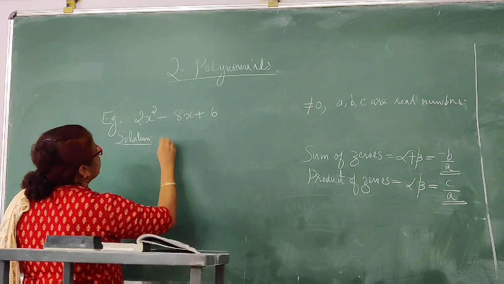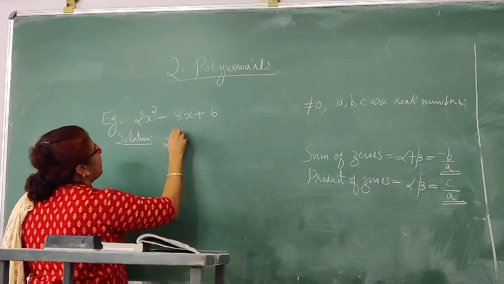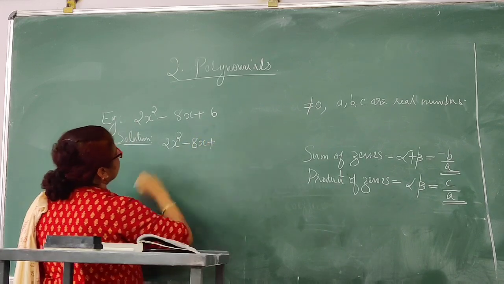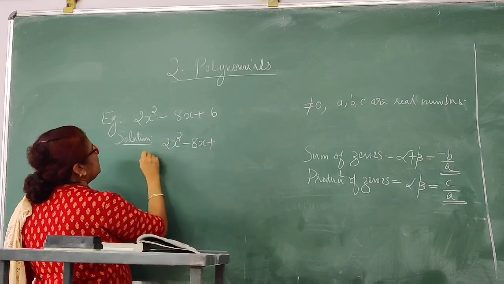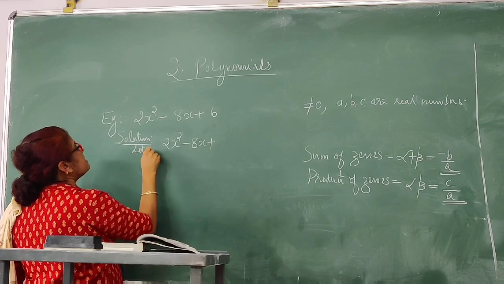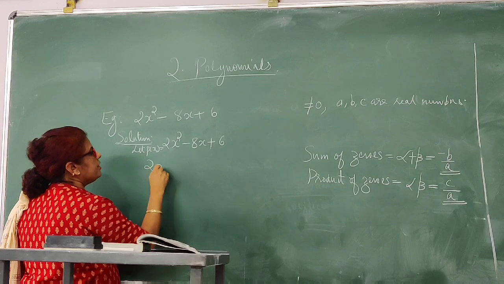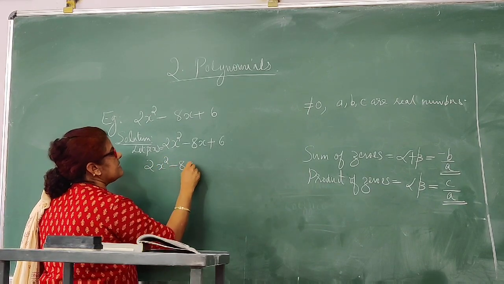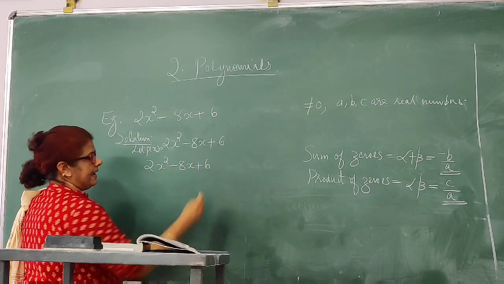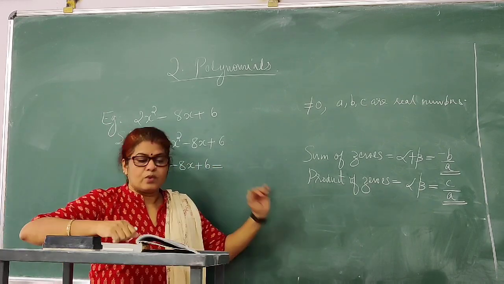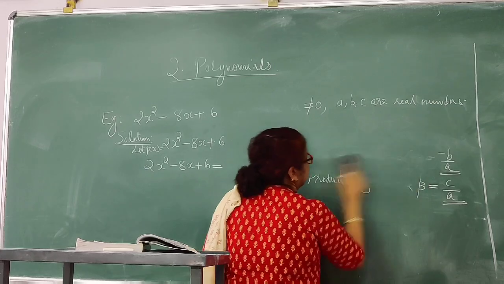First of all, we are going to factorize it for finding the zeros. Let p(x) be equal to the given polynomial. Then we are going to factorize this given polynomial by the splitting the middle term method. And what do we mean by splitting the middle term method?